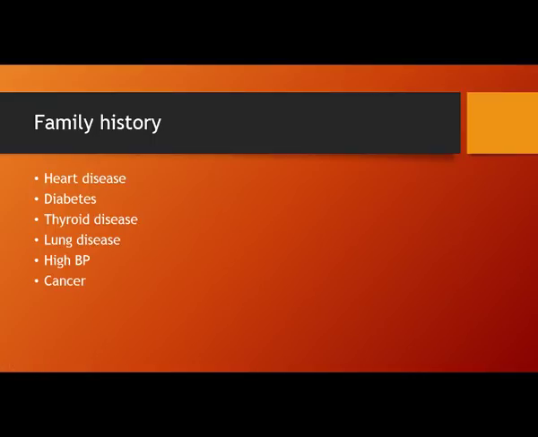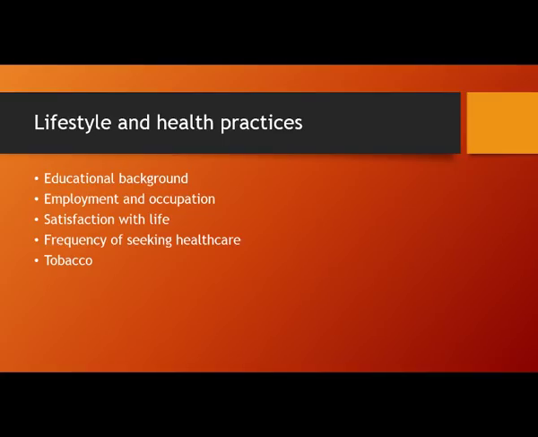Then as far as family history, you would want to know about heart disease, any diabetes, thyroid disease, lung disease, high blood pressure, cancer. And then as far as lifestyle and health practices, ask about educational background and employment or occupation.